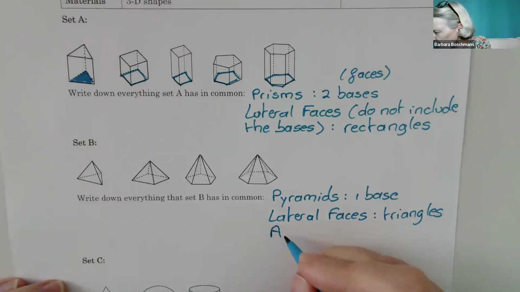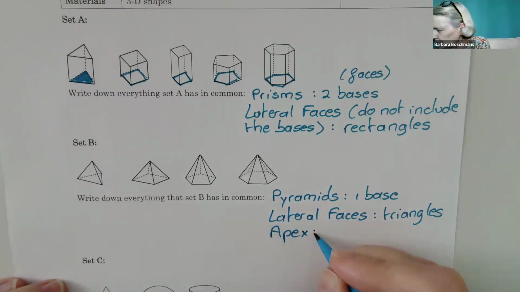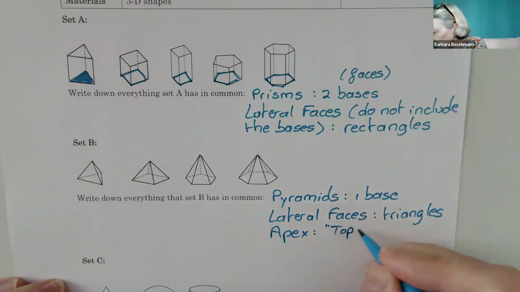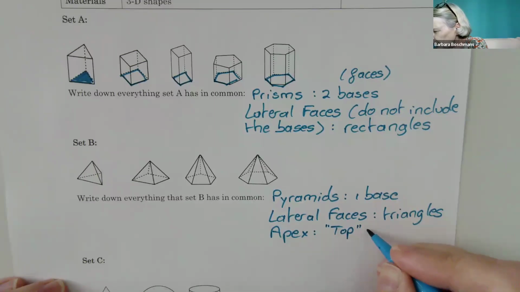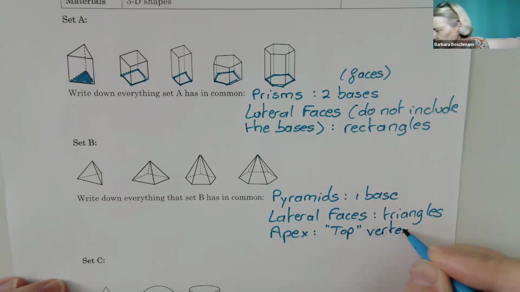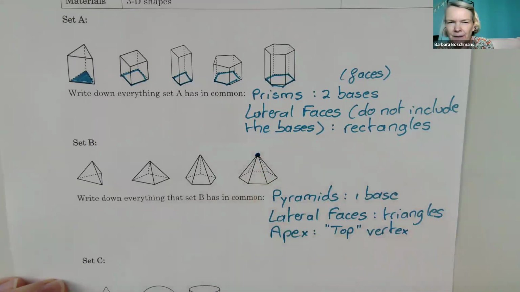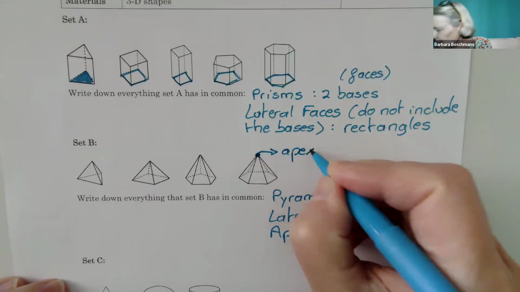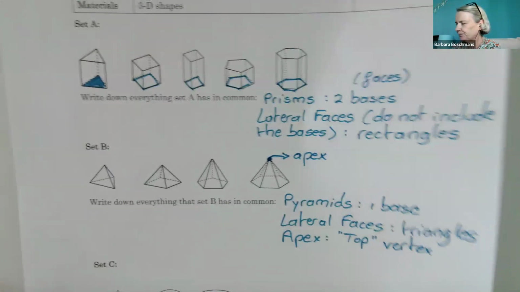The apex is the kind of top, if you put it on its base, vertex. So up here, that would be the apex of the hexagonal pyramid.